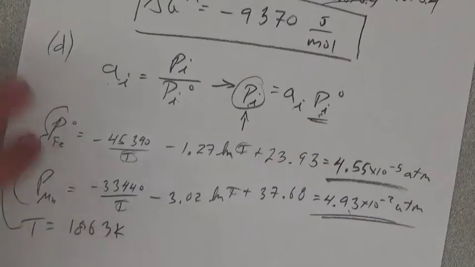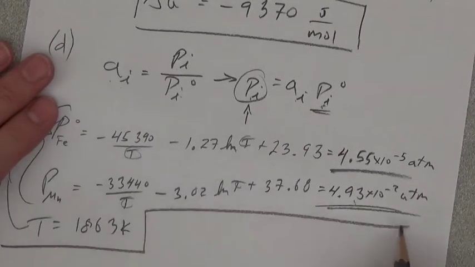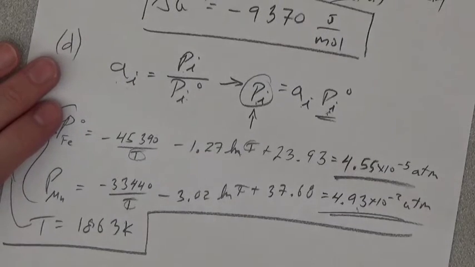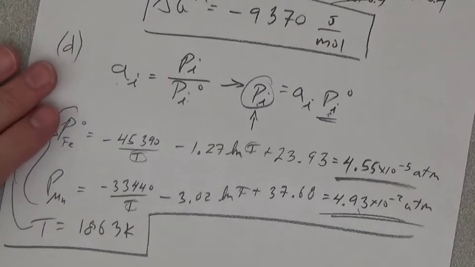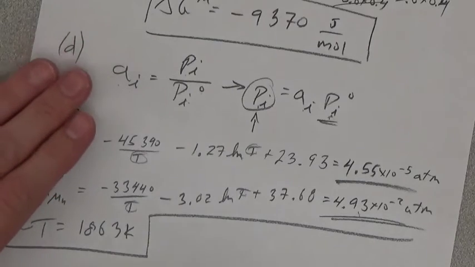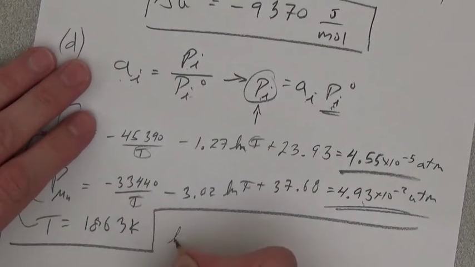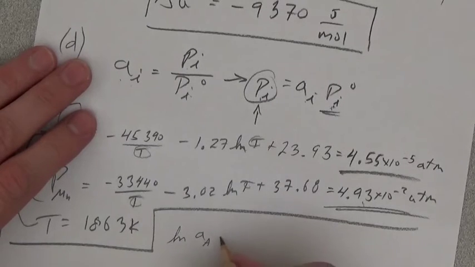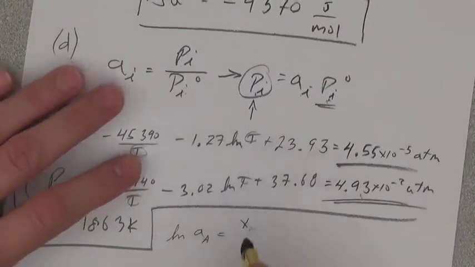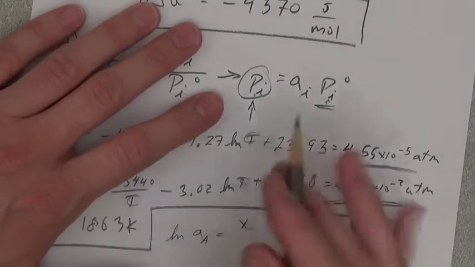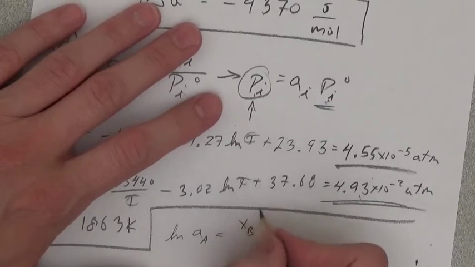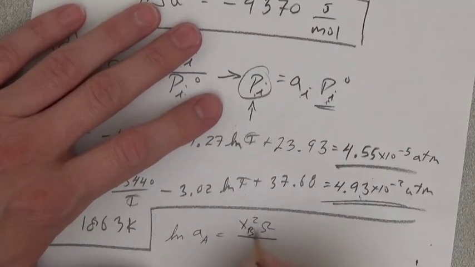So now we've got these. We need the activity, and for the activity, we're going to use the expression that the natural log of the activity of species A is equal to the mole fraction of species B squared times omega divided by RT plus the natural log of XA.